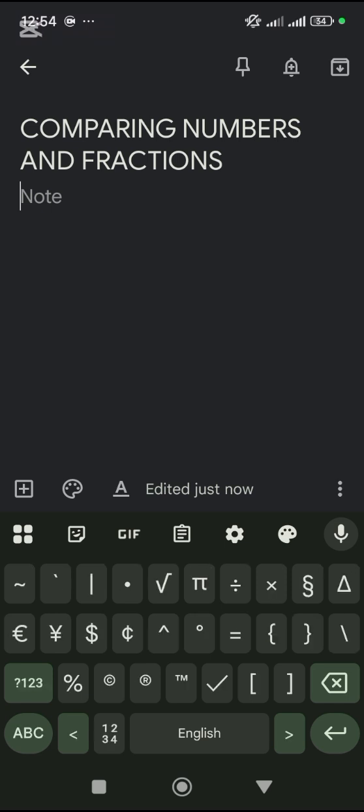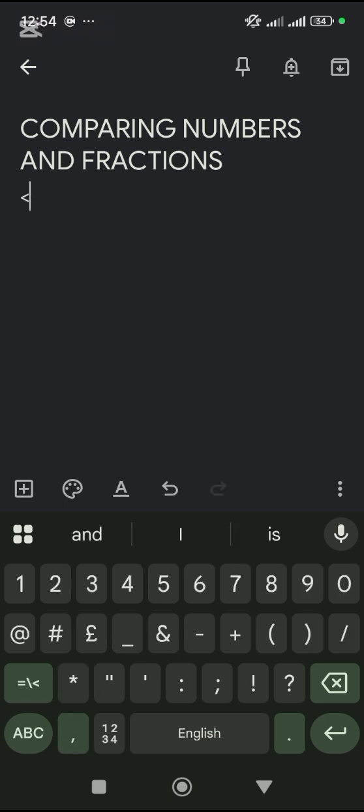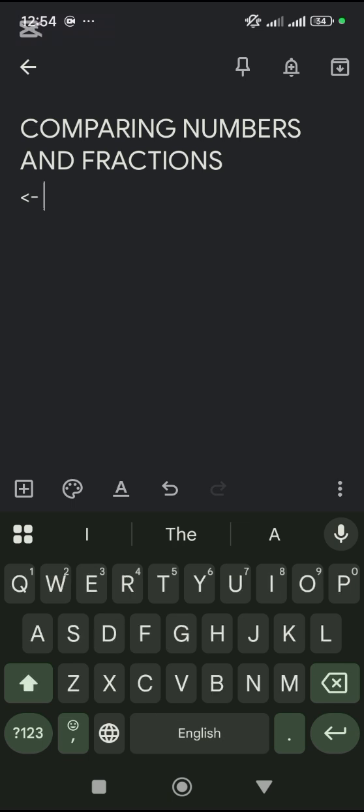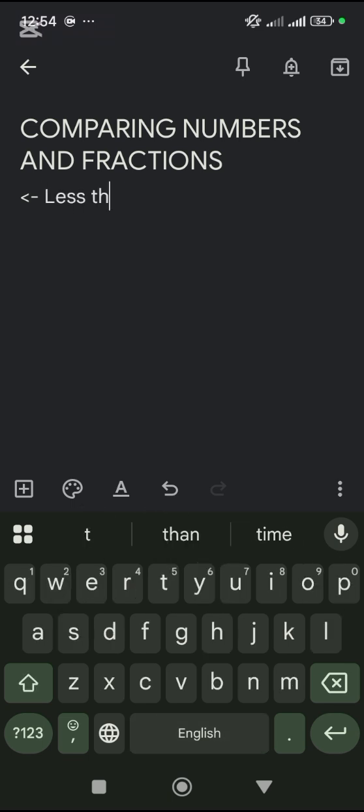We have this symbol for comparing numbers. This symbol means less than. You could just take your arms up and bring them towards your chest as if you want to elbow, and you'll have that shape.